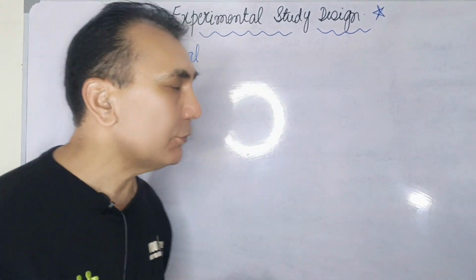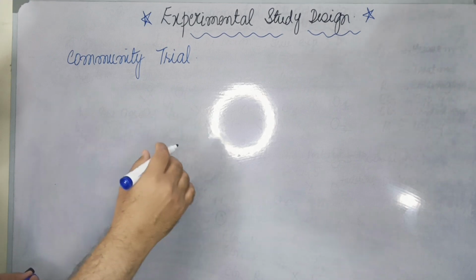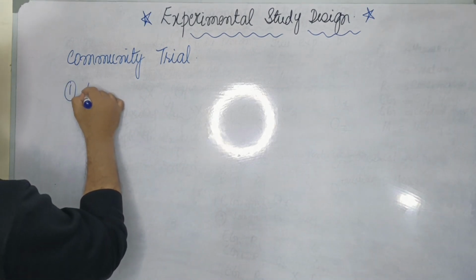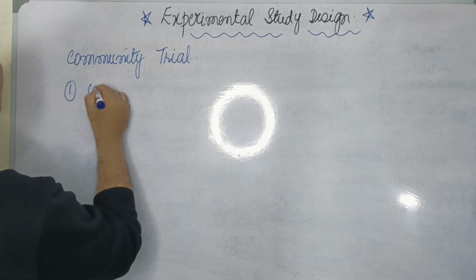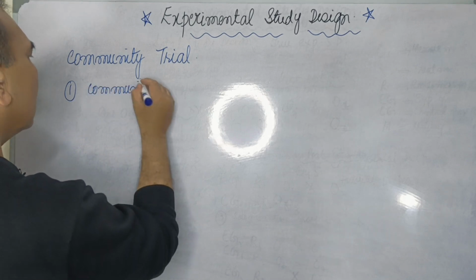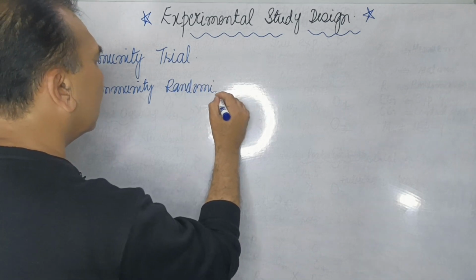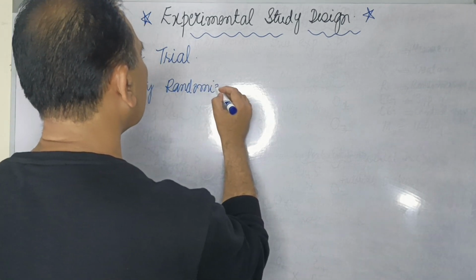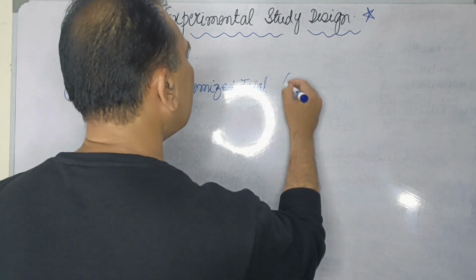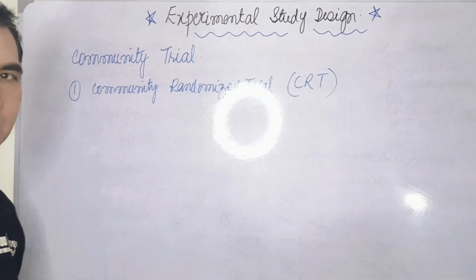So this community trial, which is conducted in the community setting, in the field setting, has three types. One is the community randomized trial, which is called the CRT, just like the RCT.